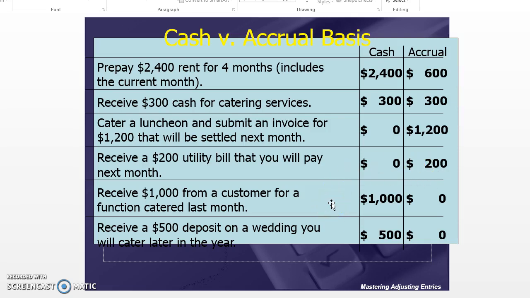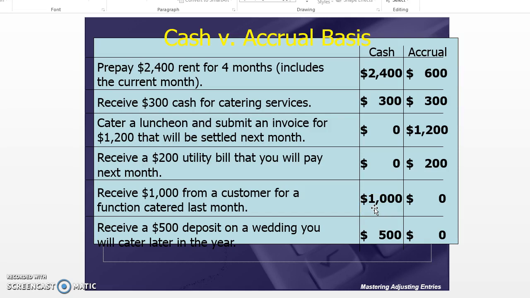The next example down is a little different. This is where the cash was received after the services were performed. So now we're at the point of time where we collected payment from the customer. So under cash payment, yes, that $1,000 came in. We provided these services in a prior period.